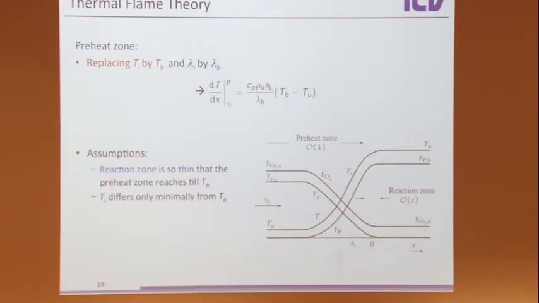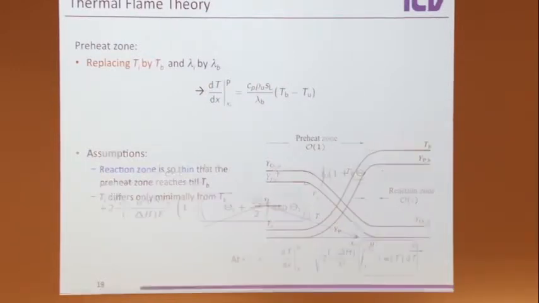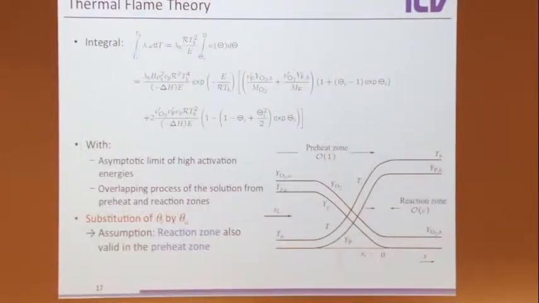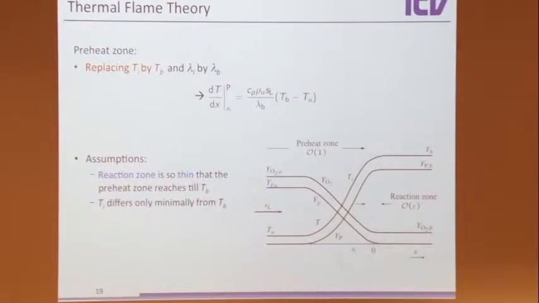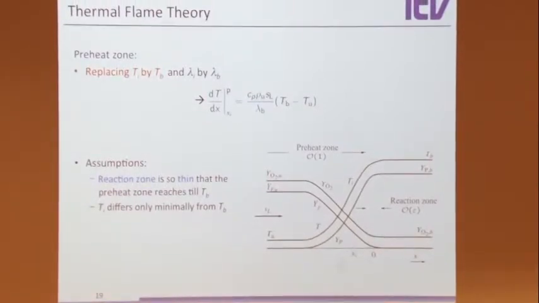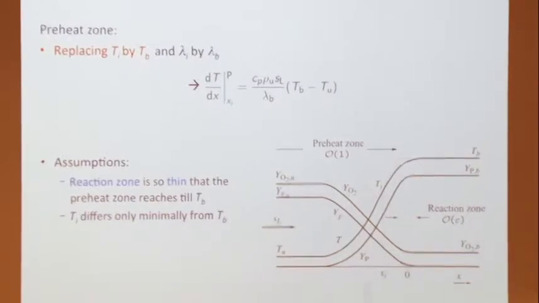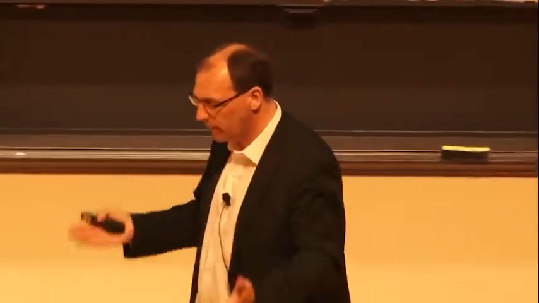So now, in the preheat zone, this was just the right-hand side of the equation. The left-hand side we can also approximate. In the preheat zone, we can replace T_i by T_b. In the reaction zone, we replaced T_i by T_u because we're talking about the exponential of the temperature.